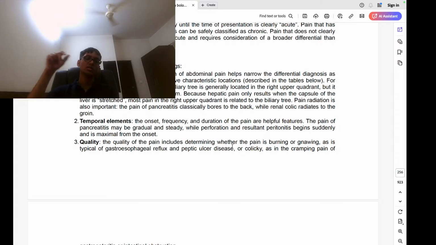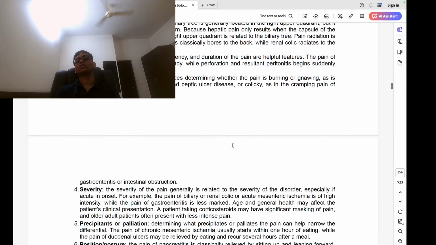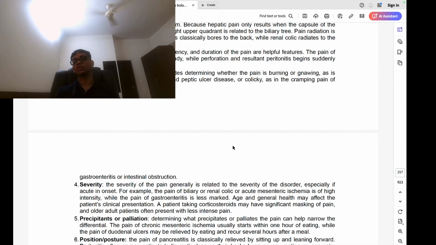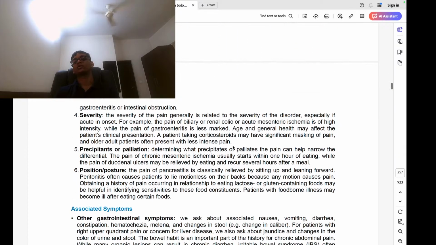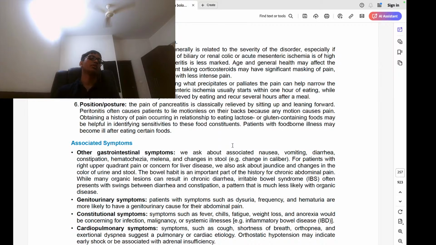Then quality of pain includes determining whether the pain is burning or gnawing, as seen in gastroesophageal reflux, or colicky, as in the cramping pain of gastroenteritis and intestinal obstruction. Severity of the pain: pain of biliary or renal colic or acute mesenteric ischemia is high intensity, while pain of gastroenteritis is less.